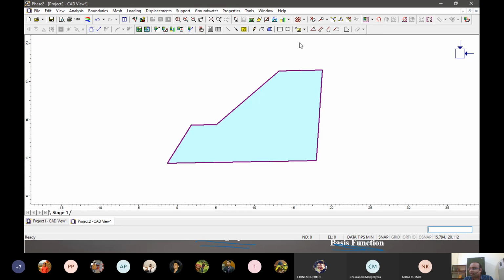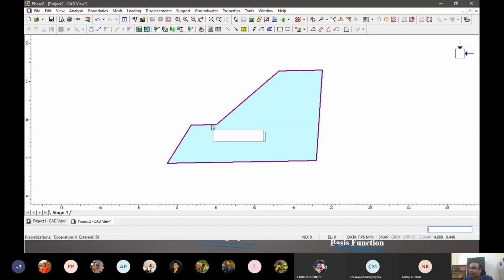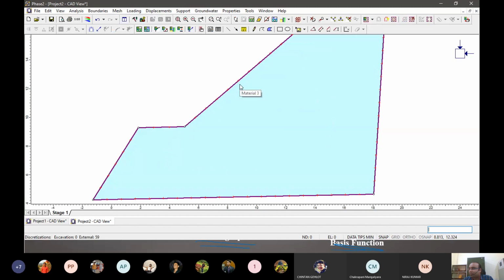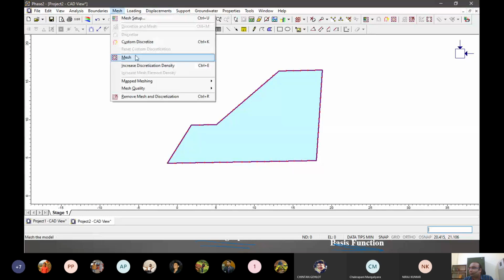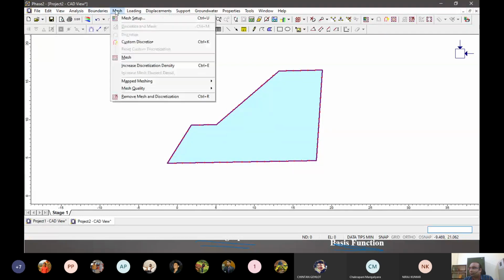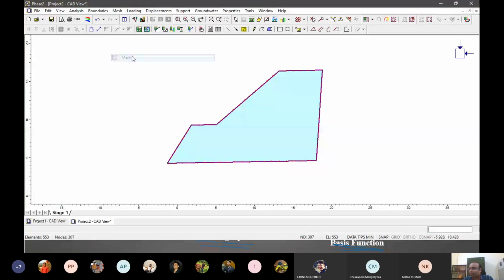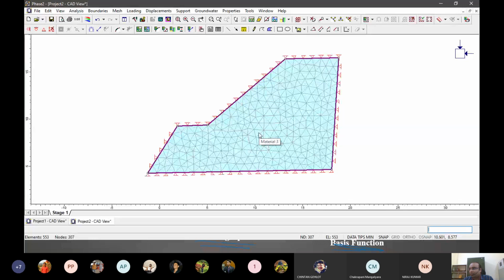So as we saw in the finite element, right? We divide it into elements. So we can basically do discretization. As I clicked, it basically divided the slope into various points. And if I connect these points by mesh, it does something like this. So basically it divides the whole area into, as we said, finite elements.